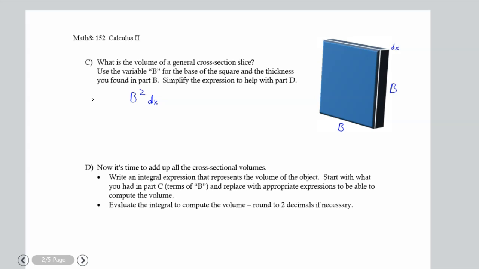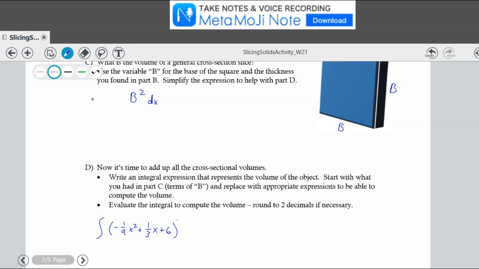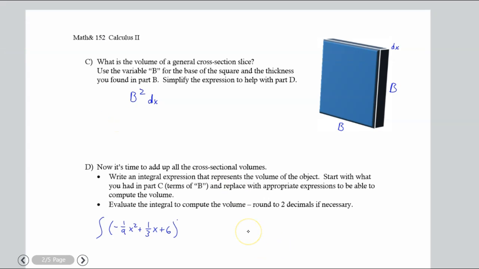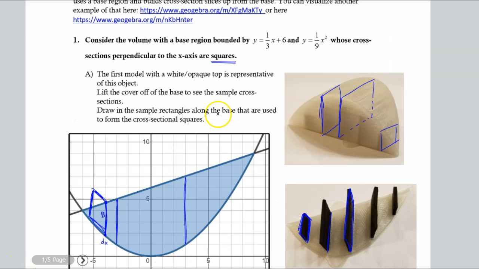And then you can rewrite that in terms of x when you want to actually do out the integral. So if we're going to do out the integral, this would be the integral of, and instead of b, I'll replace that with what we had before, negative 1/9 x squared plus 1/3 x plus 6. Go back and double check that in a second. That's my b, and that b is getting squared, and then my dx. When I plug in my bounds, these are going to be x bounds. Let's go back and look at our shape.